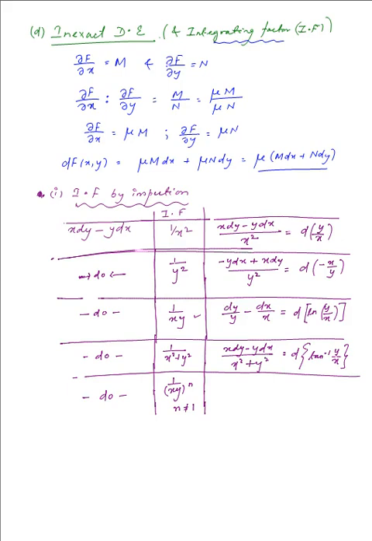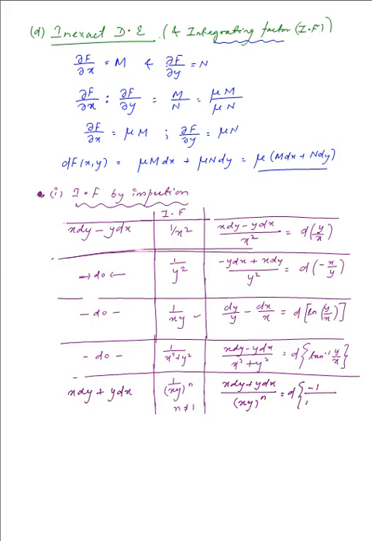So let's take, for a change, x dy plus y dx in this case. So now with x dy plus y dx divided by xy raised to the power n, we have the derivative of the form d of minus 1 over (n minus 1) times (xy) to the power n minus 1.